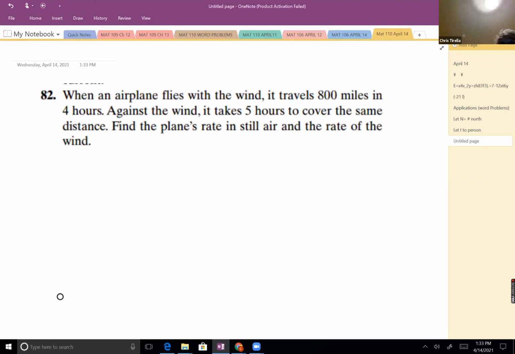It says when an airplane flies with the wind, it travels 800 miles in 4 hours. When an airplane flies against the wind, it takes 5 hours to cover the same distance.